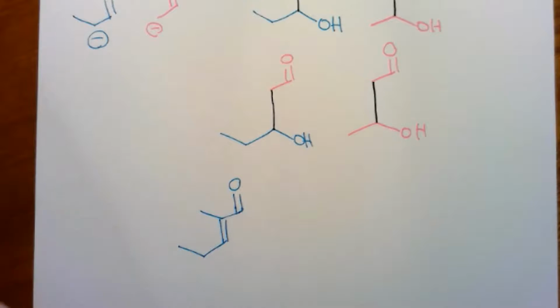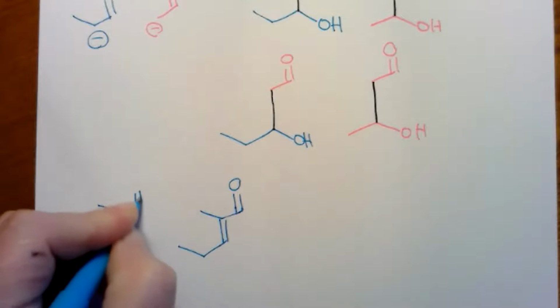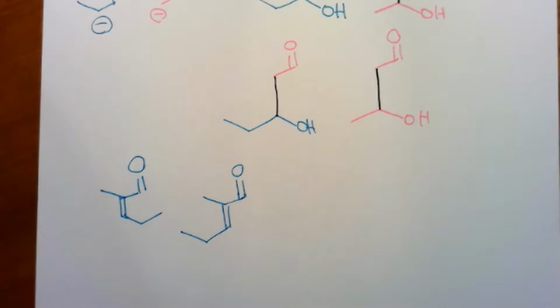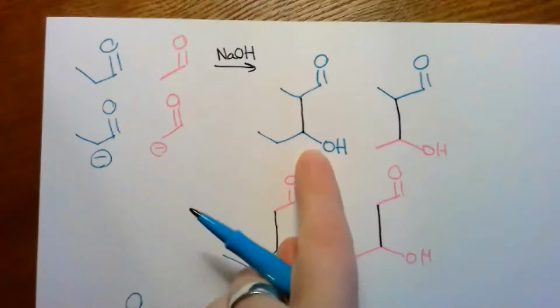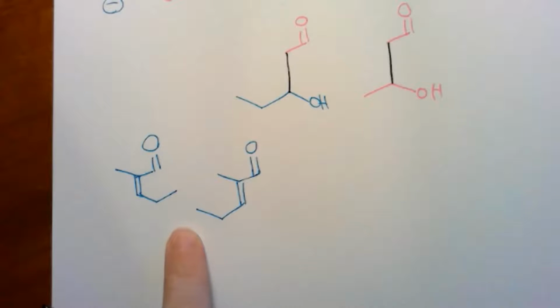Would you call this alkene E or Z? Oh man. Aldol can create E and Z products upon dehydration. So our one blue on blue beta hydroxyaldehyde became two alpha beta unsaturated aldehydes. Oh man, isn't that painful?